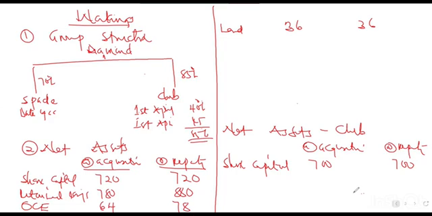That is all. Then you have Diamond, 70%, NCI, 30%, date of acquisition, reporting date, post-acquisition period. You come to Club, 85%, NCI, 15%, date of acquisition.